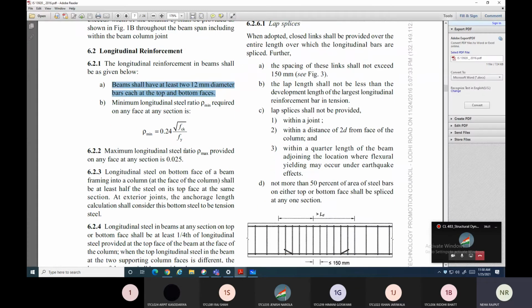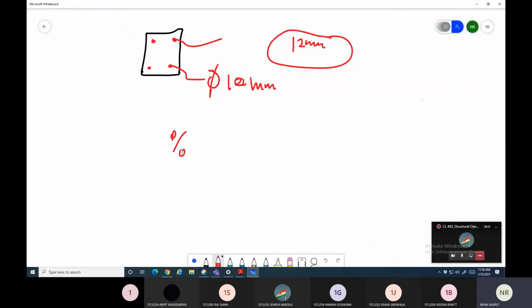Right. Then minimum longitudinal steel ratio. This is the equation given to find the minimum percentage steel, PT minimum, for a beam as per 13920.